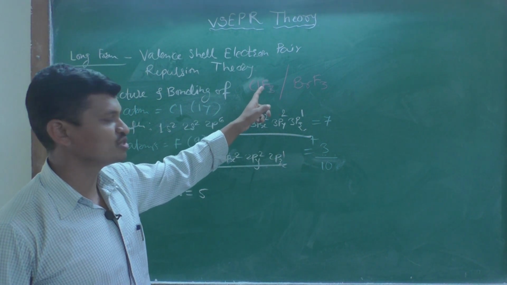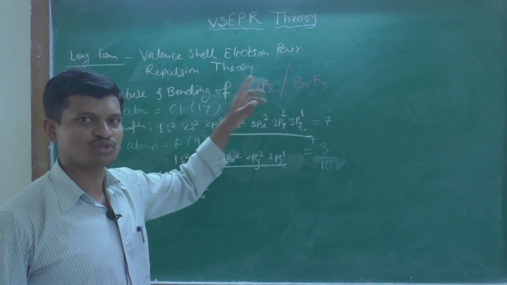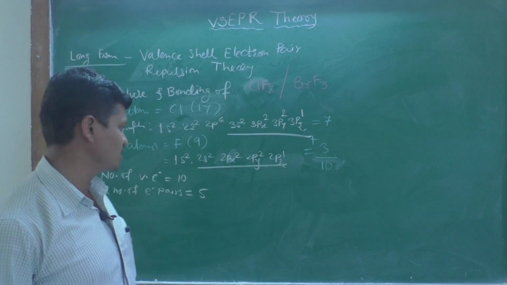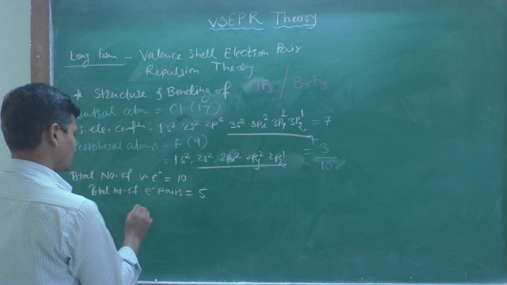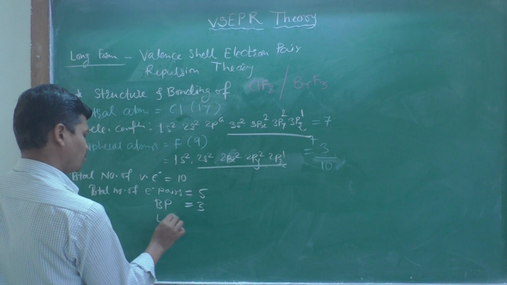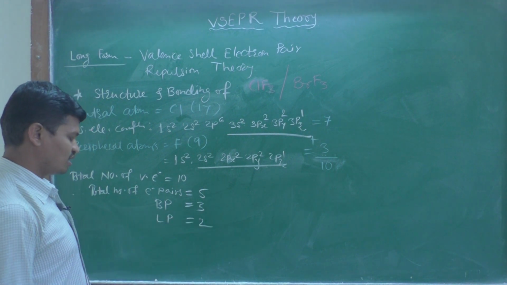So each fluorine atom is forming a single covalent bond with the chlorine atom. As there are 3 fluorine atoms, there will be 3 Cl-F covalent bonds. So out of these 5 electron pairs, the bond pairs are equal to 3 and the lone pairs are equal to 2.